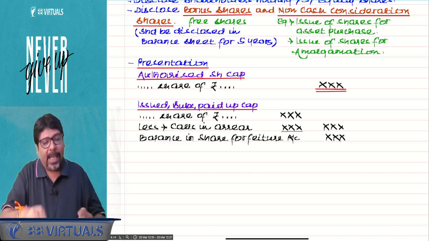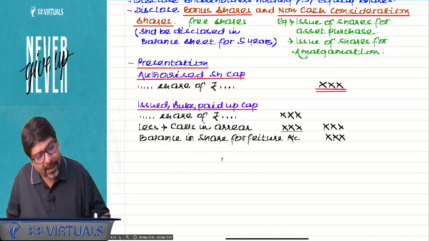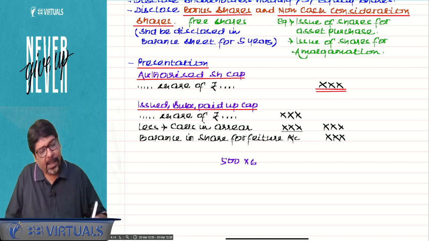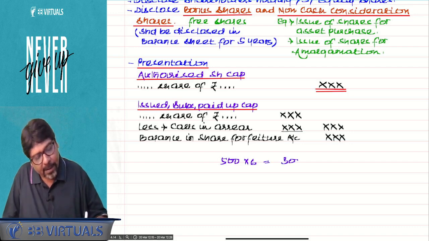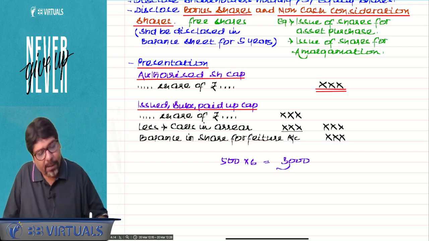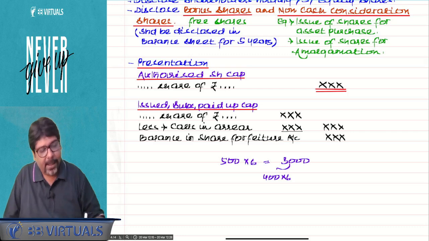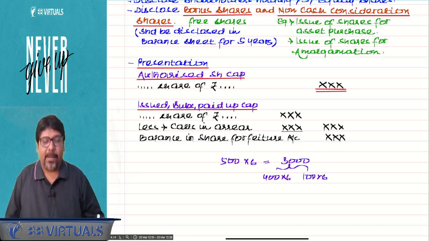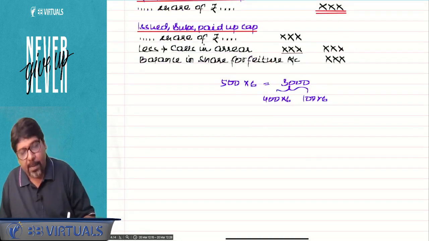It's the balance. That means 500 shares, they paid 6 rupees and you forfeited. Okay, so what is the balance of share forfeiture? 3000. Out of which 400 shares are reissued, so 6 rupees for 400 shares is debited. 6 rupees for 100 shares remains credited. Share forfeiture journal entry you remember?